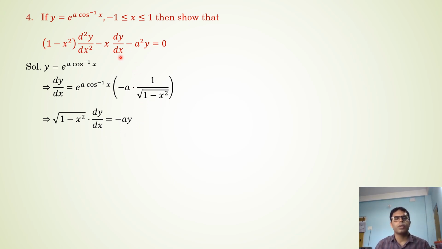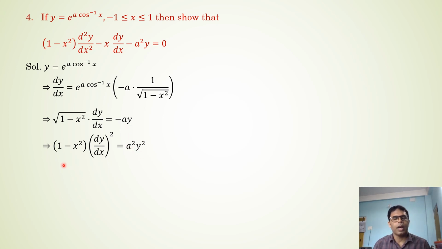Now we are to take the second derivative, but before that you see the term is involving root over sign. So to remove this root over sign, we should take the whole square on both sides. So after taking that, this root over will be eliminated. So then dy dx whole square, on the right side this negative sign will be positive because we are taking whole square. Then a square is there, y square is there.